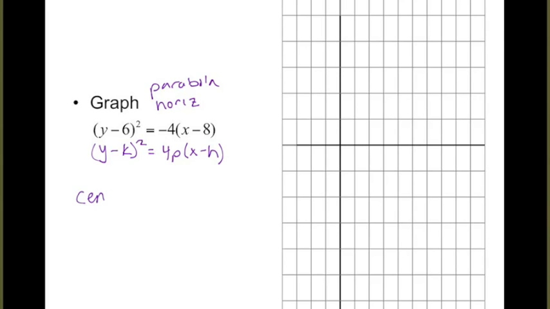Where's the center? Well, it doesn't really have a center. For a parabola, we just need a vertex. We don't really have a center of a parabola. Where's the vertex going to be? It's like the center. 8, 6. 8, 6. So 1, 2, 3, 4, 5, 6, 7, 8.